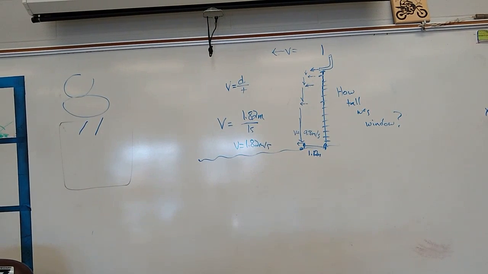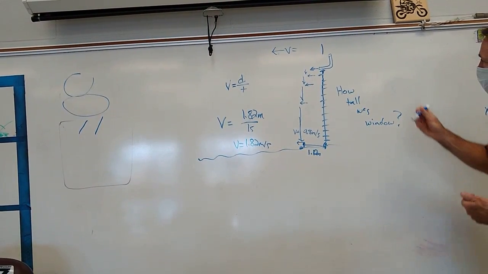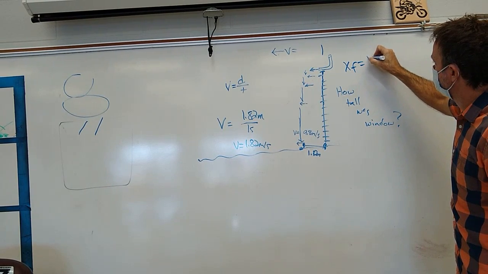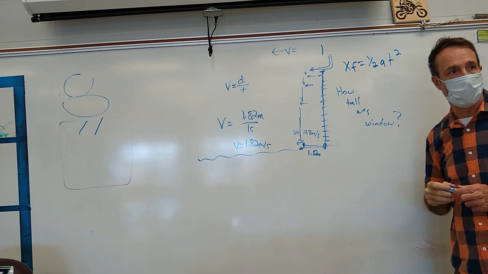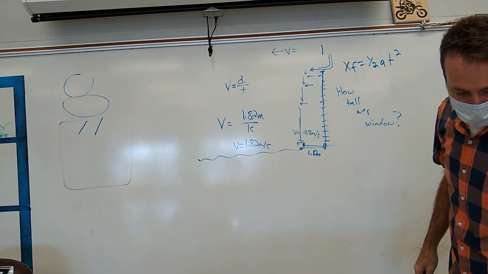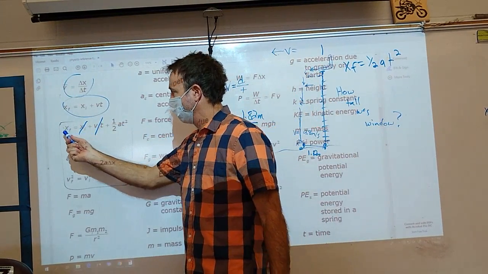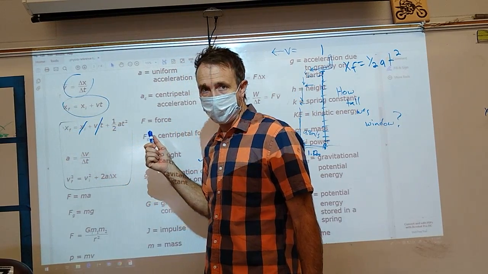So the formula for solving how tall the window was is this shortcut formula, XF equals 1/2 AT squared. Now that's from the longer formula that's on your tables. It's from this formula right here, XF equals XI plus VIT plus 1/2 AT squared.